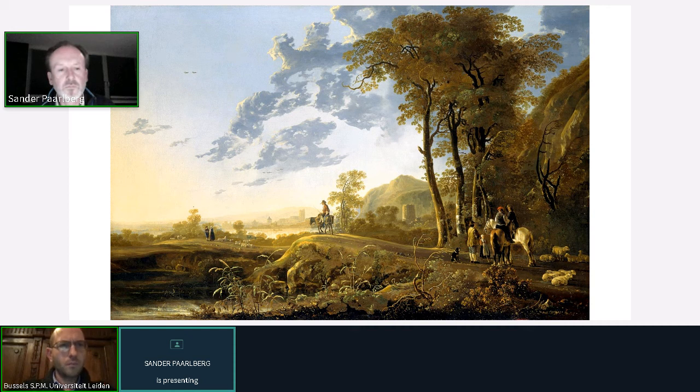And theoreticians like Ruskin, do they do something with Cuyp? Well, Ruskin is actually one of the critics who is very negative about Cuyp, especially about the cows of Cuyp. He says that he has never seen a cow painted in a good manner by Cuyp.